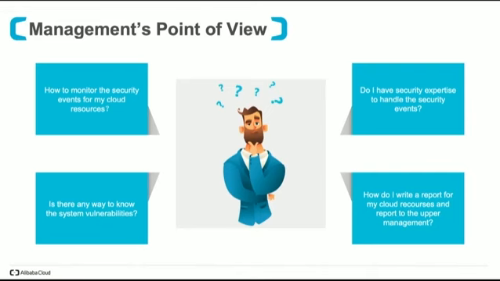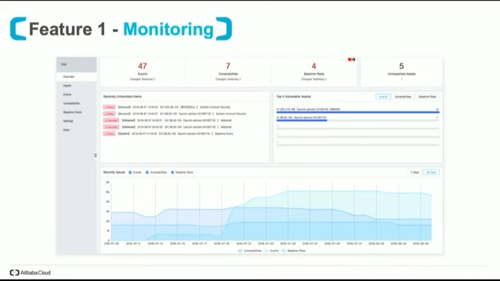To quickly demonstrate what it means using Alibaba Threat Detection Service, we can have a look at some real dashboards. This example is matching to the monitoring. On the dashboard, you can see there are 47 security events, 7 vulnerabilities found, 4 baseline rules, and 5 uninspected assets.